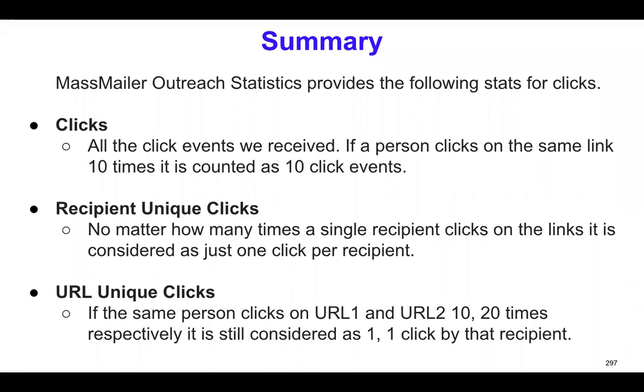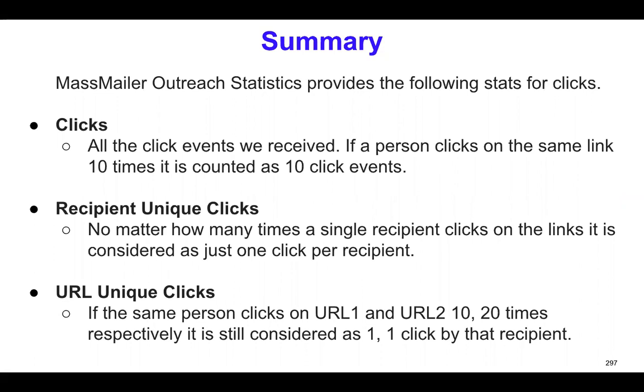Now, let's say recipient unique clicks. If you send an email to, let's say, 1,000 people, and out of those 1,000 people, maybe 10 people clicked on links, that is 10 unique recipients.